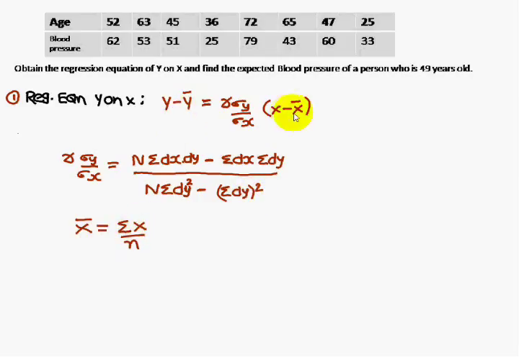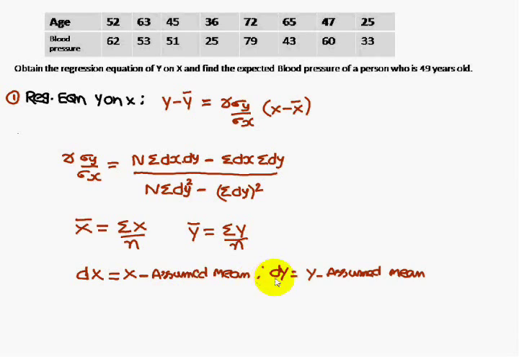One more thing: x bar is sigma x by n, and similarly y bar is sigma y by n, where dx stands for x minus assumed mean and dy stands for y minus assumed mean. So till now we have discussed the regression equation y on x and what x bar, y bar, dx, dy are.